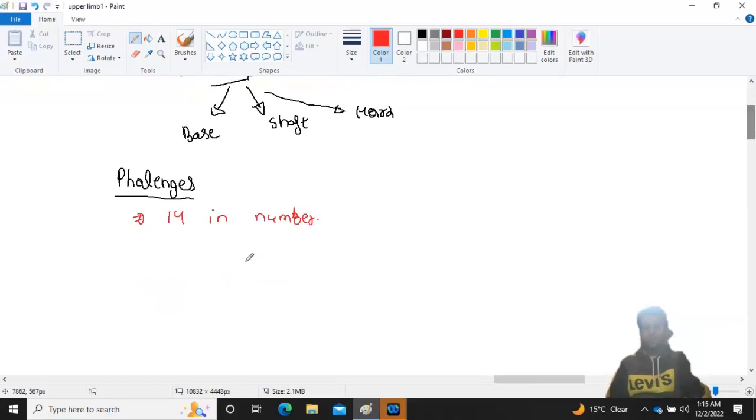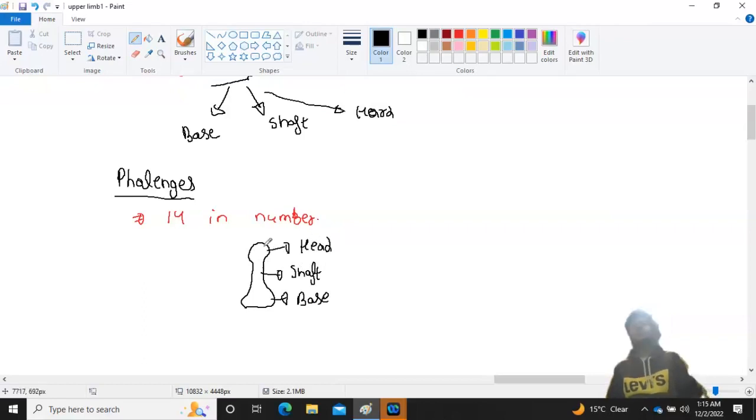And it also has base, it is like chess pawn, like this base। ये होती है हमारी phalange, base, shaft और हेड, ठीक है. It is like chess pawn. ईच फिंगर में 3 होती है एक्सेप्ट थंब. थंब में 2 होती है, तो टोटल 14 हो जाती है.